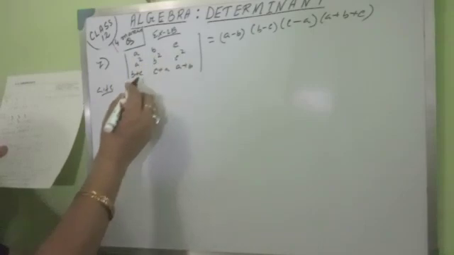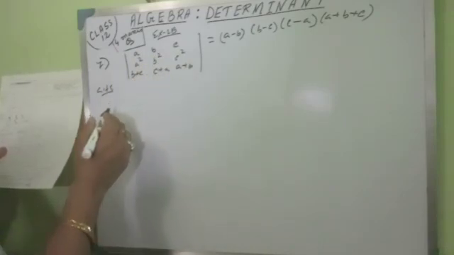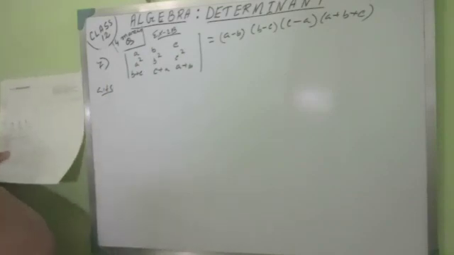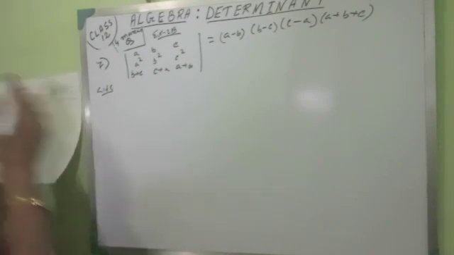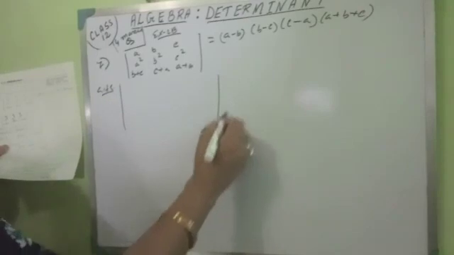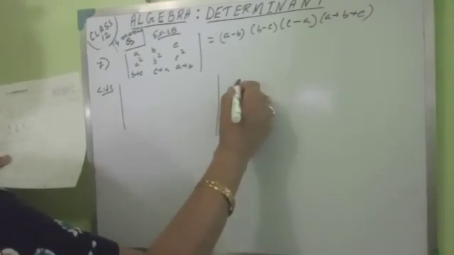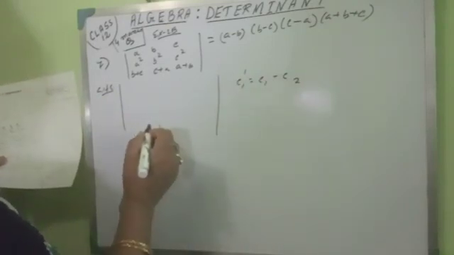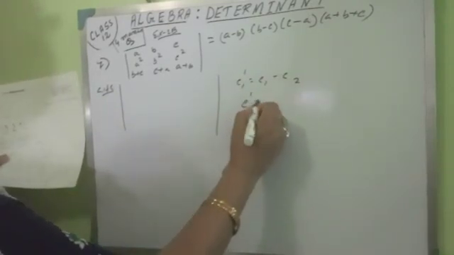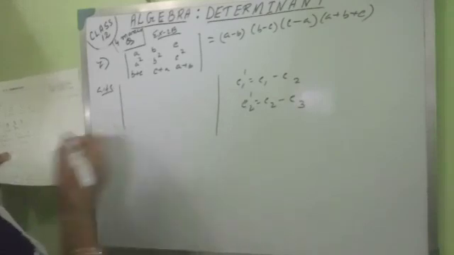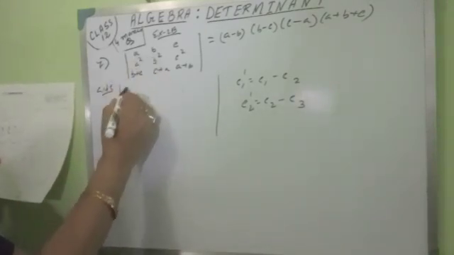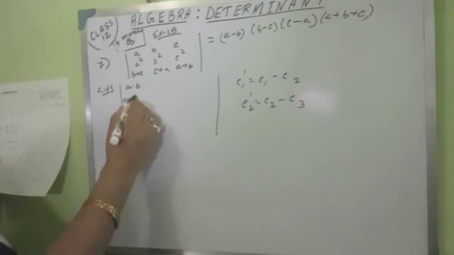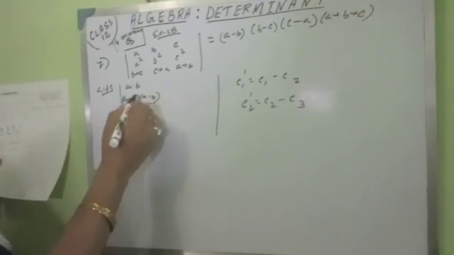A, B, C; A square, B square, C square; B plus C, C plus A, A plus B. At first C1' is C1 minus C2. Then C2' is C2 minus C3. That means A minus B, and A square minus B square means A plus B into A minus B. Write directly.